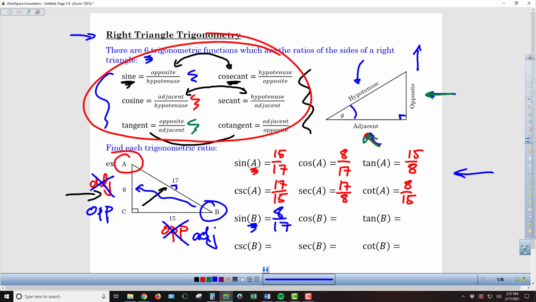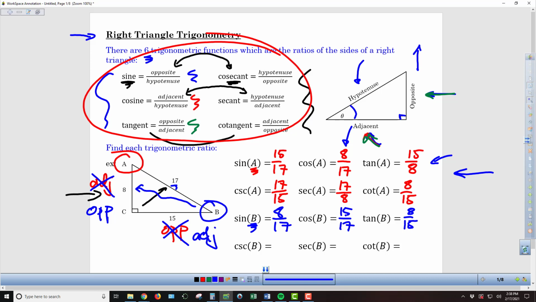That ends up being the same answer as the cosine of angle A. They have the same hypotenuse, but now the opposite and the adjacent sides have flipped. Likewise, cosine of B is now going to be adjacent over hypotenuse, with the adjacent being 15 and the hypotenuse 17. And then for tangent, opposite over adjacent, we're just going to go 8 over 15 instead of 15 over 8 like we had for tangent of angle A.